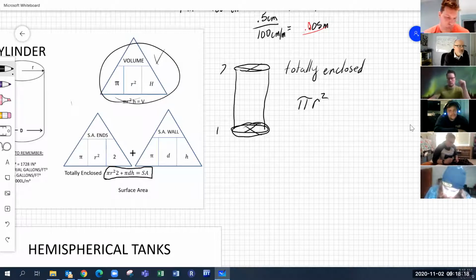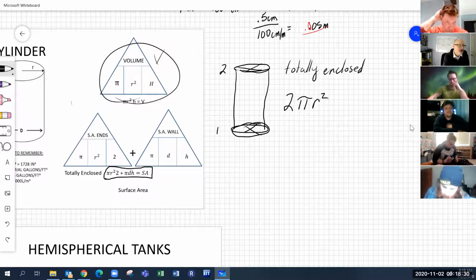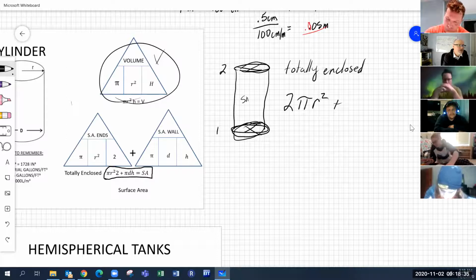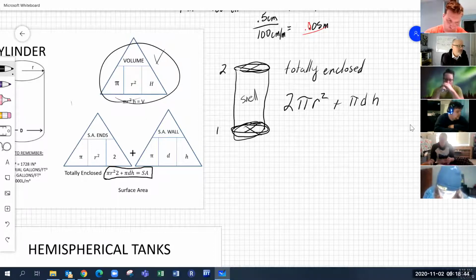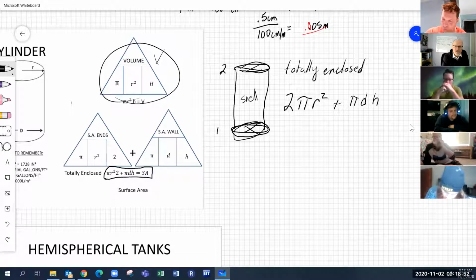We have 1, 2. So what we do is we go 2 pi r squared for a totally enclosed tank, and that is for the top and the bottom. And then we add the shell to it, and the shell's formula is pi times the diameter times the height. So we take the top and the bottom, and we add the shell to it. And that is the formula for a totally enclosed cylindrical tank.